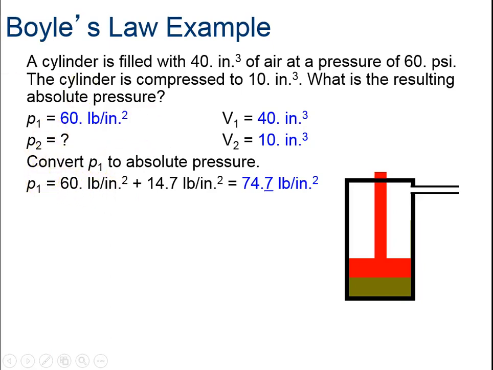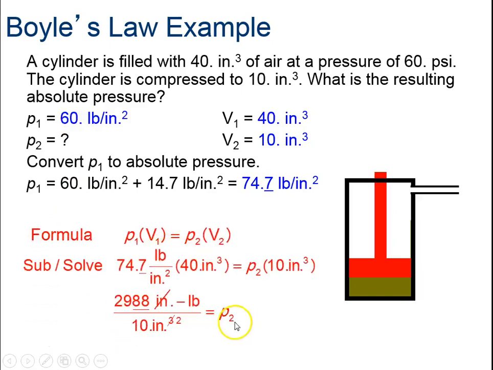First, our pressures have to always be converted over to absolute. So we take this one, add the 14.7 that we learned on the previous slides to get our absolute pressure for 1. Now we can plug them in the formula. We're just straight plugging these numbers in from up here and solve for P2. However, remember this is the absolute pressure at the end, not the gauge pressure at the end.